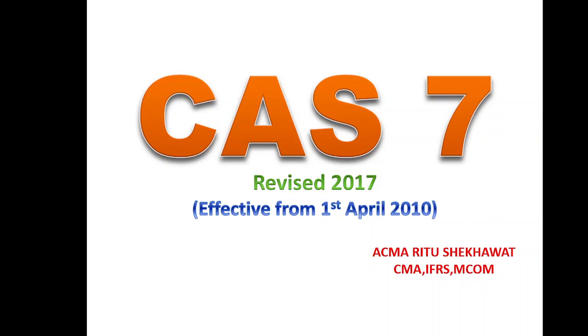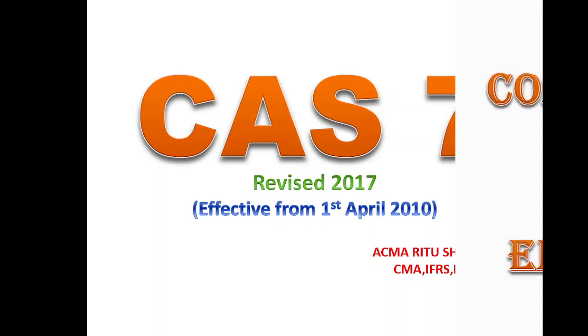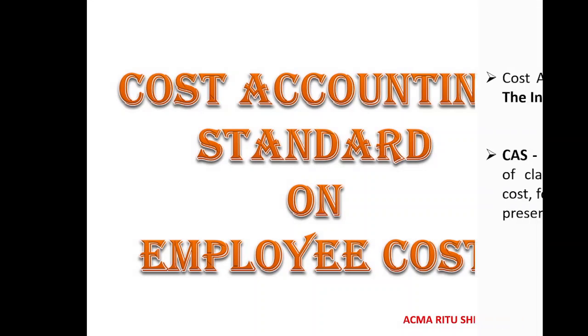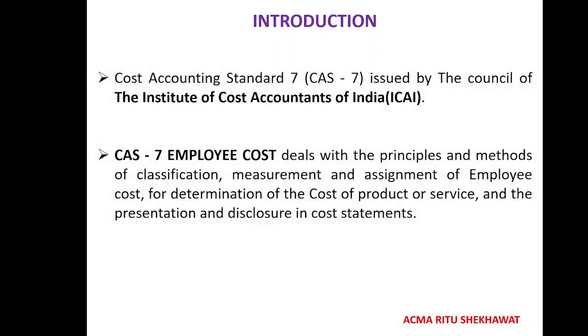Hello friends, today we are going to study CAS 7, which is revised 2017, effective from 1st April 2010. Cost Accounting Standard on Employee Cost is issued by the Institute of Cost Accountants of India, and CAS 7 tells about employee cost, which we can also call labor cost, as we have already studied in the labor chapter.